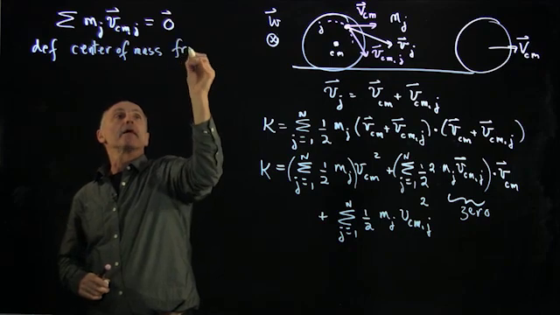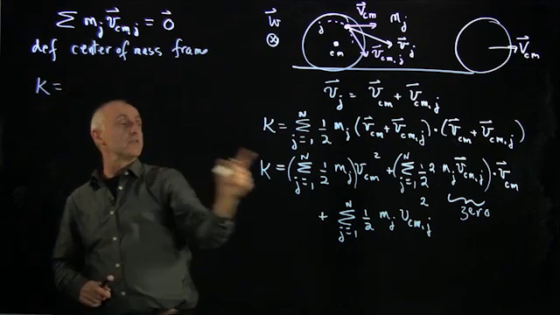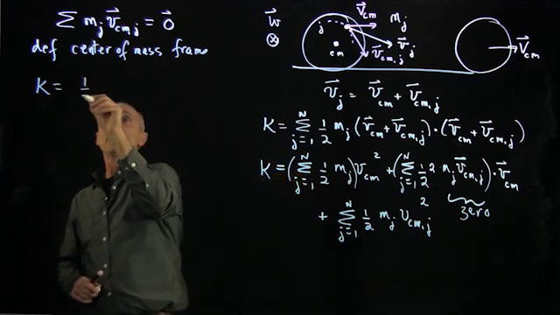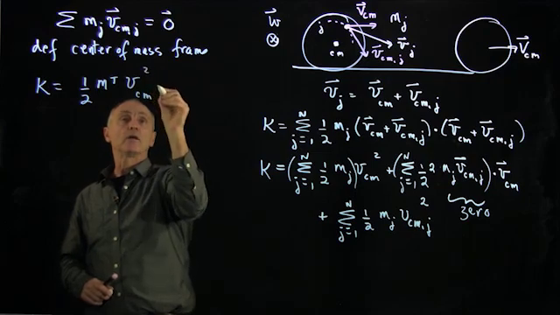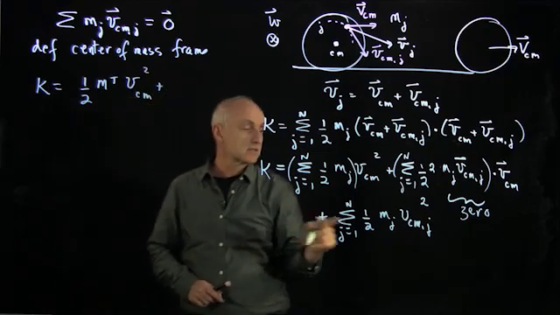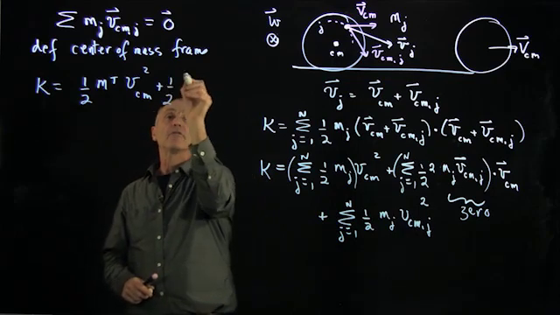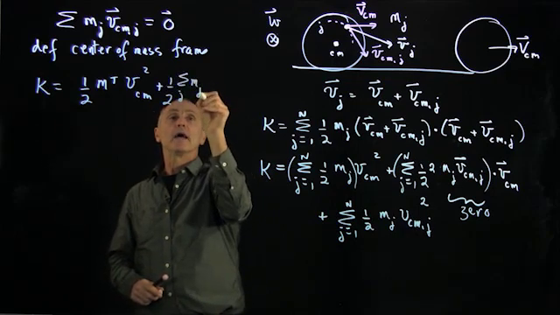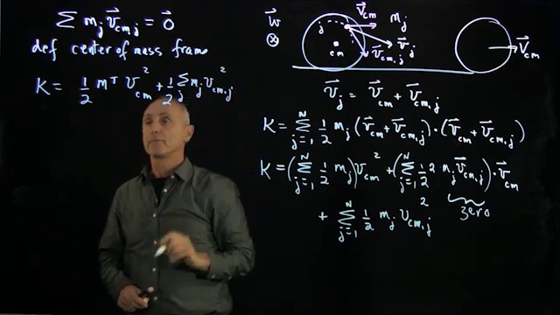So this, remember, was how we defined the center of mass reference frame. And therefore, our kinetic energy consists of two pieces. This first piece is just 1/2 the total mass times VCM squared. And our second piece over here, we'll just write it out now: 1/2 sum over j of mj VCMJ squared.